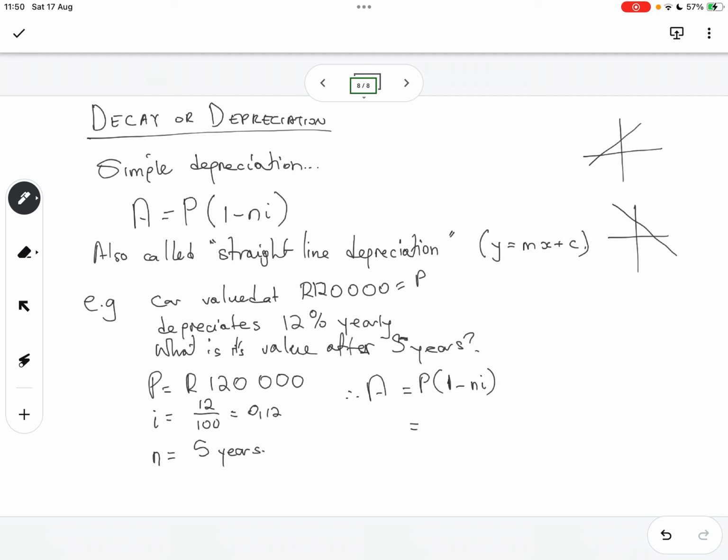If we use that formula, A equals P times (1 minus n times i), and we substitute. We don't know what A is, so we'll have to find that.